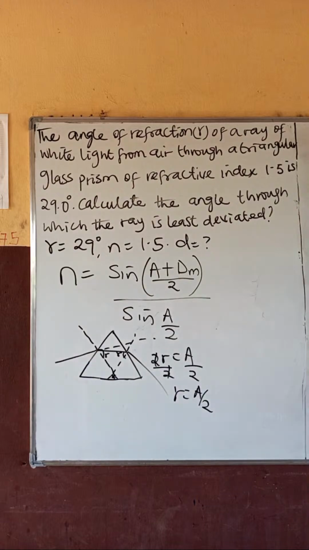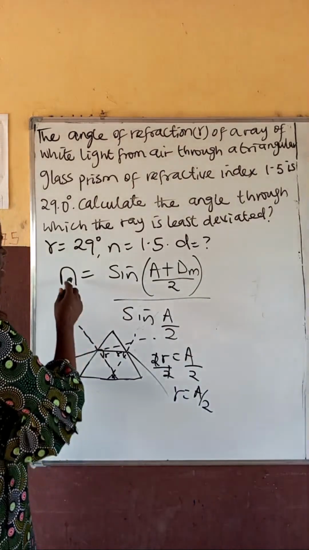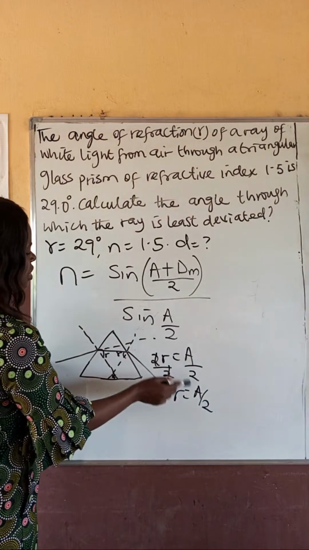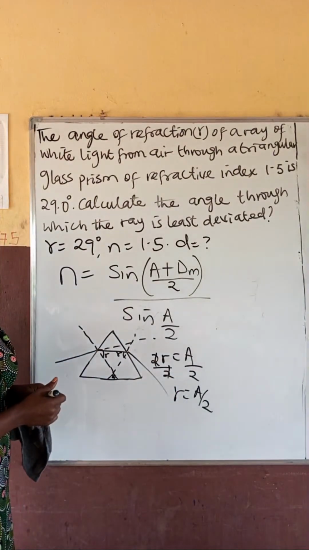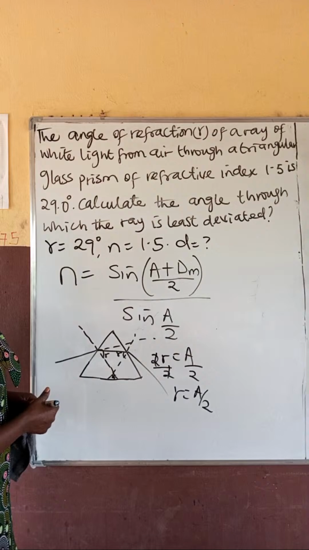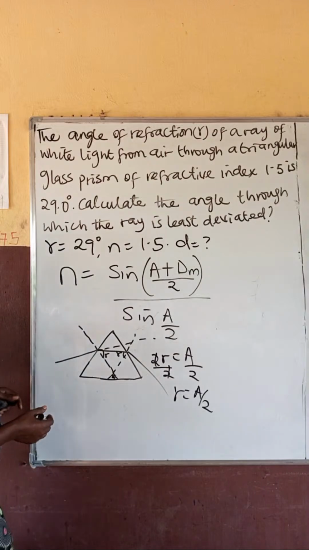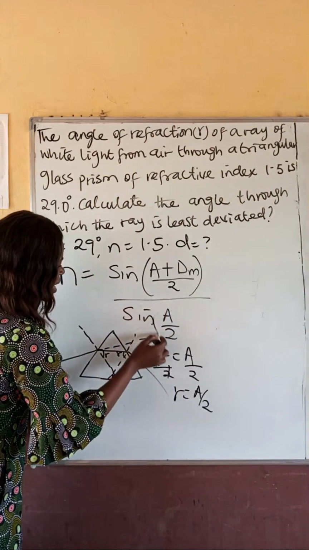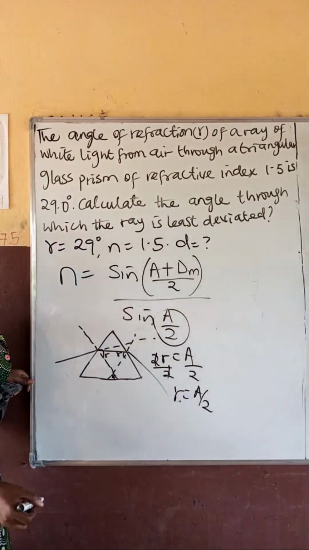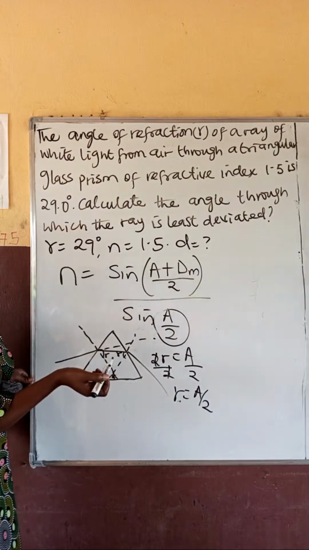Now, you can see that this R given is A over 2. Is that clear? If you want to solve for A, what are we going to do? Either we replace it here as R, because our R is A over 2, we put 29.